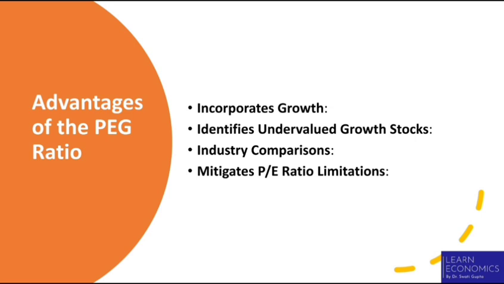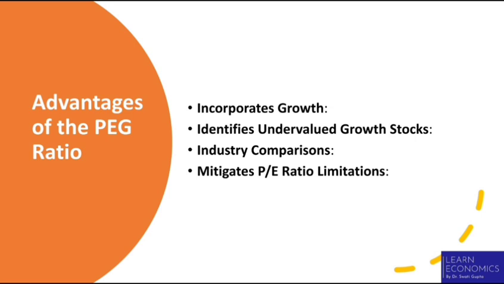Third, industry comparison. The PEG ratio is an effective tool for comparing companies within the same industry or sector, especially those companies with different growth rates. It helps investors differentiate between companies that may look expensive based on PE ratio but are justified due to their strong growth potential.